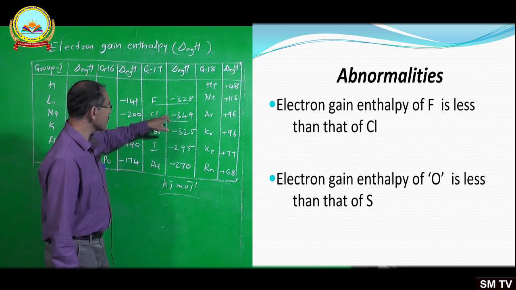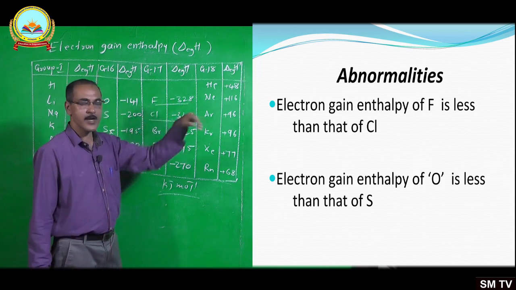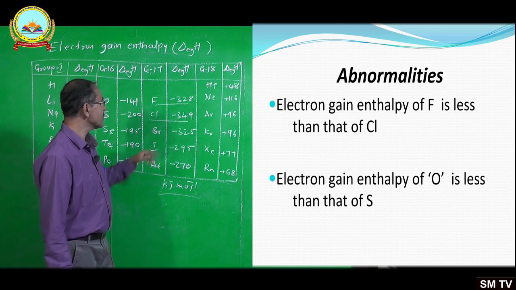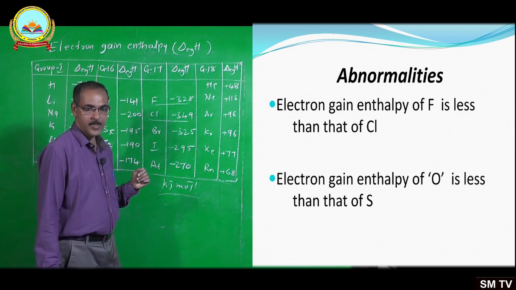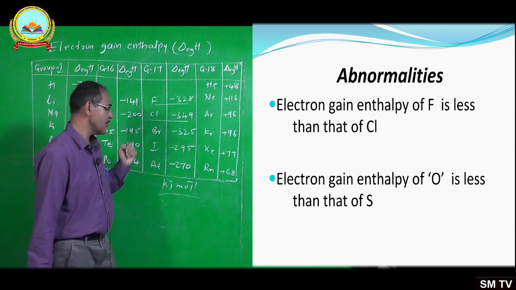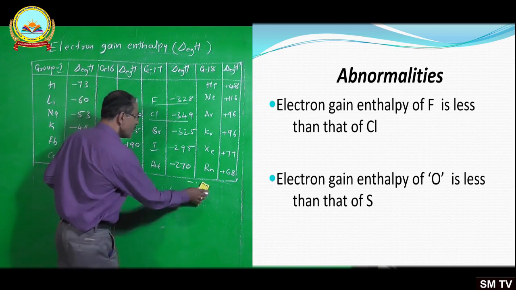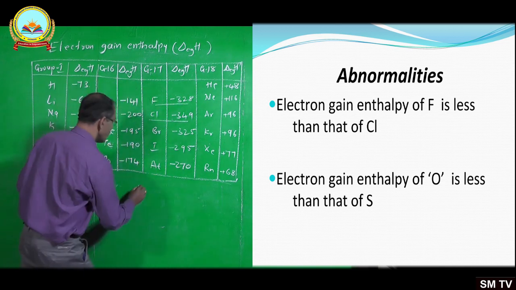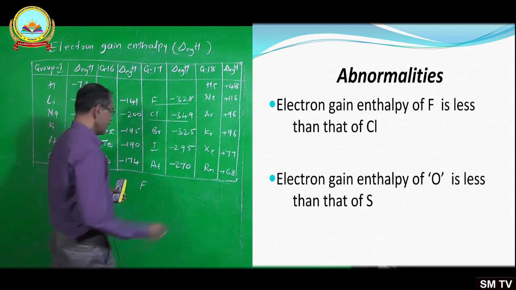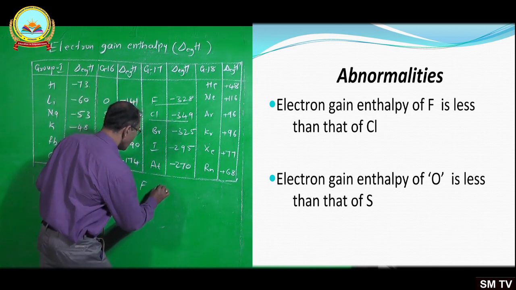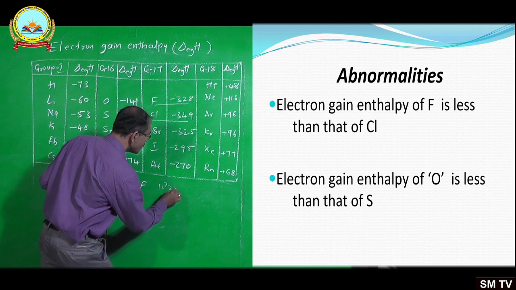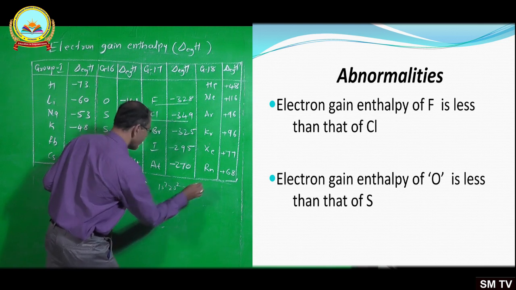Why does chlorine have higher negative electron gain enthalpy than fluorine? One important question for the examination. In case of fluorine, you know the configuration is 1s2, 2s2, 2p5.